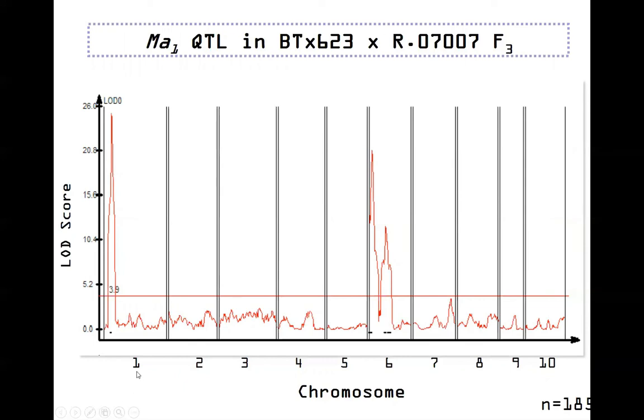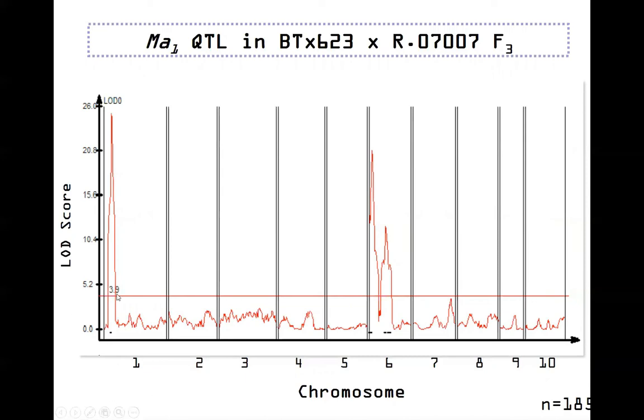Here, what we can see across the bottom, the x-axis, these physical bins are actually chromosomes. So this is what's going on in chromosome 1, 2, 3, 4, 5. And what's on the y-axis is what's called a LOD, or log of odds score. The important thing to know about this is that it helps us assign some statistical significance to what's going on.